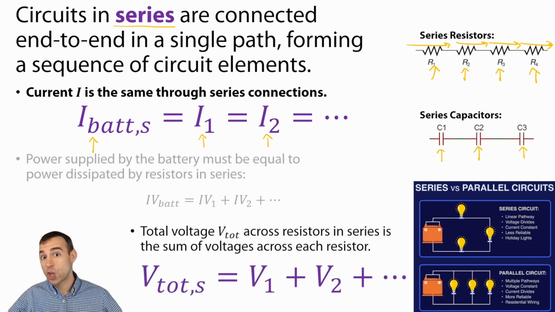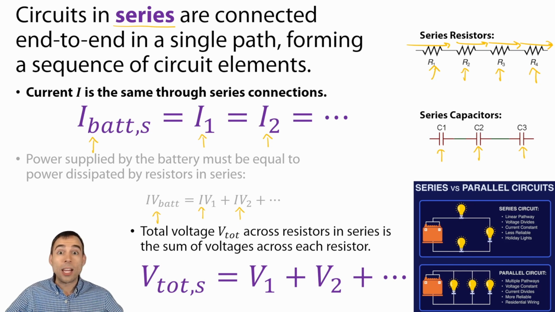And by conservation of energy, we know that the power output by a battery, a voltage source, has to equal the power that's being dissipated by the entire circuit. So essentially, the power output by our battery will be equal to the power dissipated by any circuit component inside of our circuit.